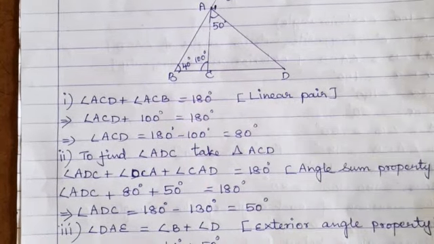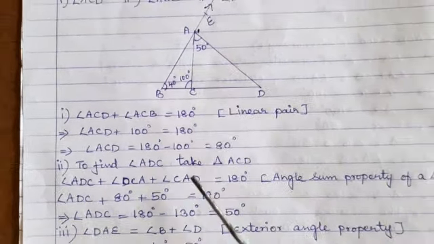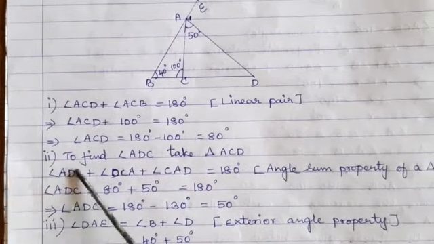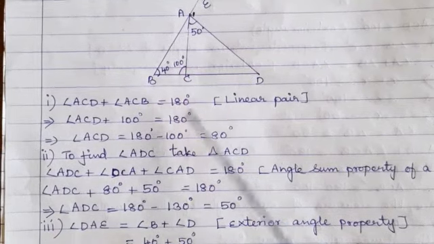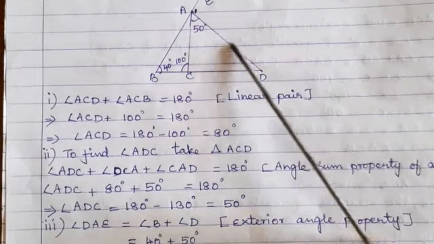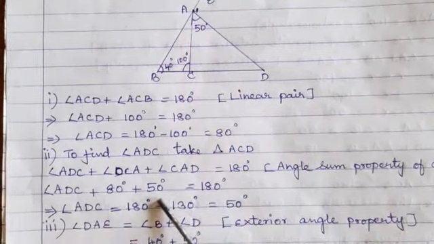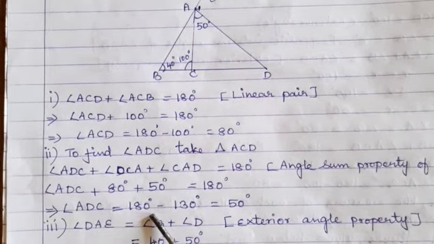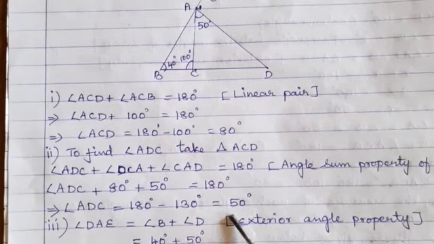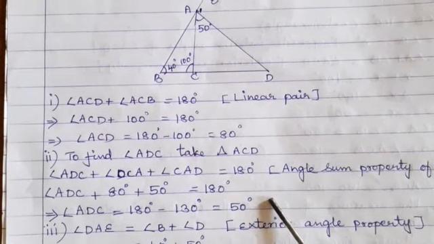Angle sum property of a triangle. Three angles of a triangle we have taken. So angle ADC plus DCA, which we have found now is 80 degrees, and CAD is given as 50 degrees, which is equal to 180 degrees. So angle ADC equal to 180 minus 130, which is equal to 50 degrees.